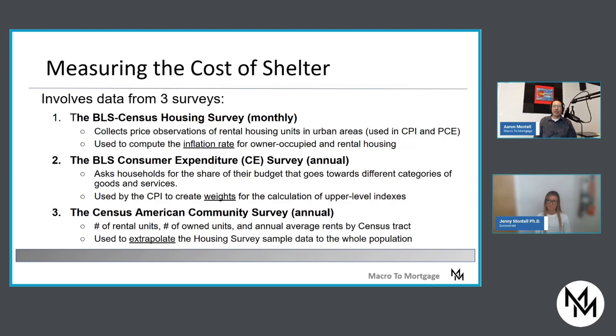Yep. And it's no coincidence that that number is in the low 40s, right? And it changes, right? Because that CE survey also asks respondents about their household income, so then they can determine the share of their household income that goes to rent. And it's no coincidence that as a mortgage originator, you're looking at debt to income numbers, and oftentimes the numbers you're looking at for a back end ratio are in the 40s.